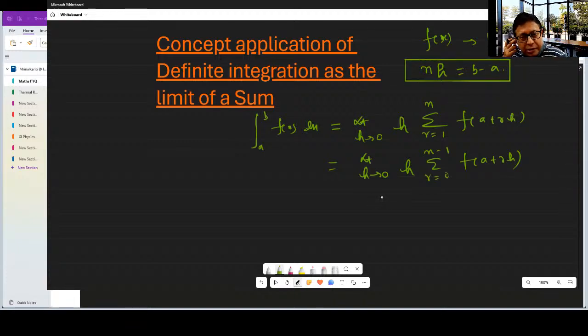Okay? This is the actual meaning of definite integration, which is nothing but this limit of sum.